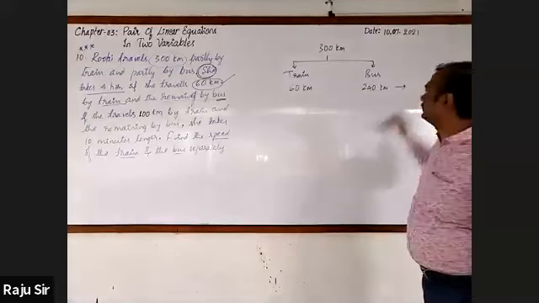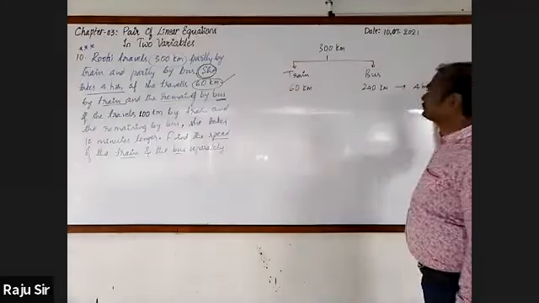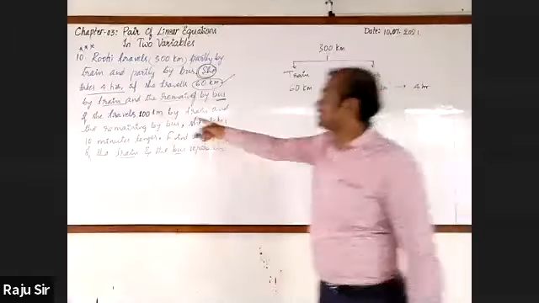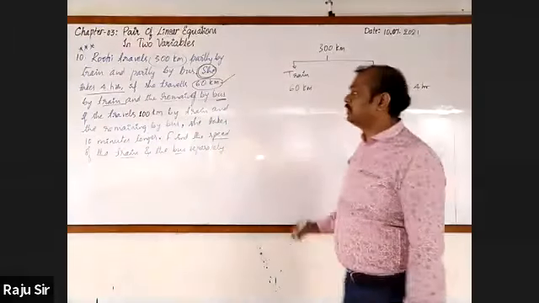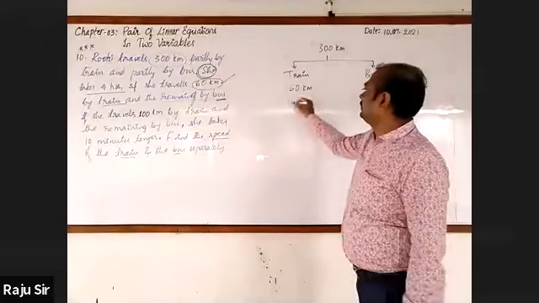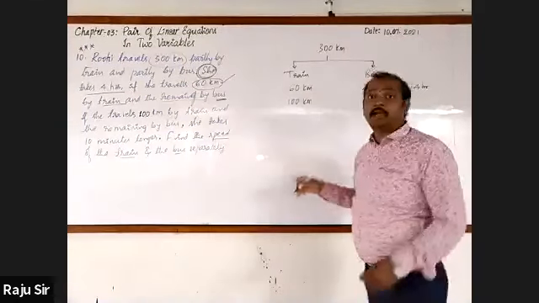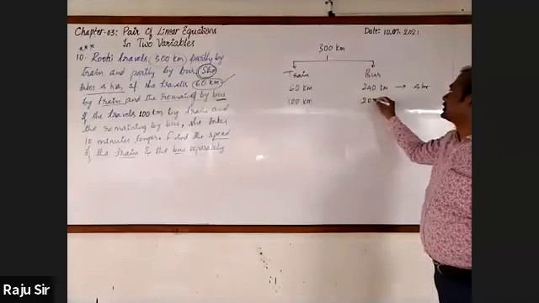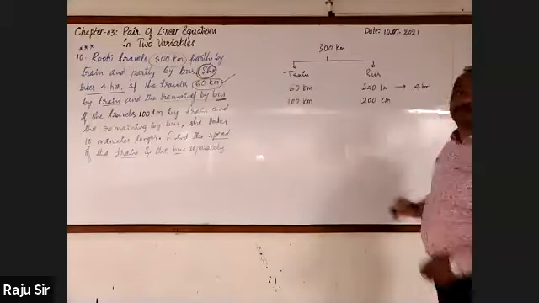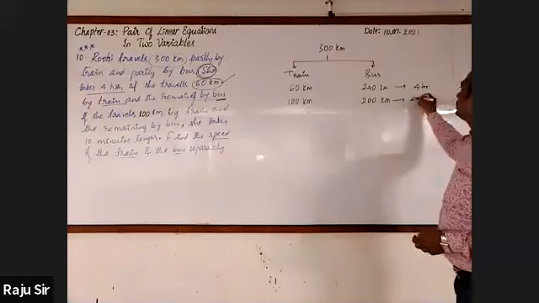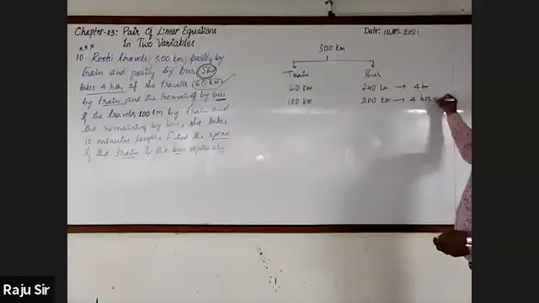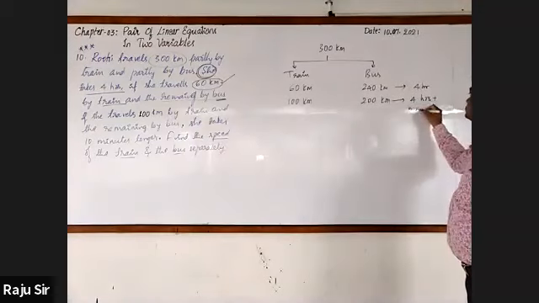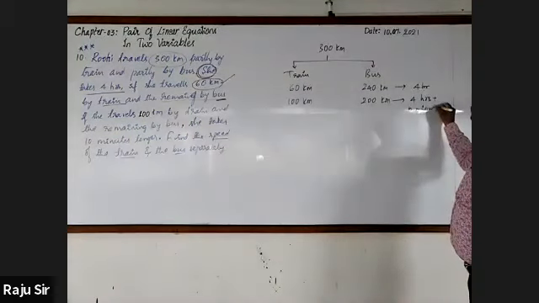Altogether, she takes 4 hours. Next, in another situation, she covers 100 kilometers by train and the remaining 300 minus 100, that is 200 kilometers, by bus. Altogether, she takes 4 hours plus 10 minutes, that is 4 hours 10 minutes.